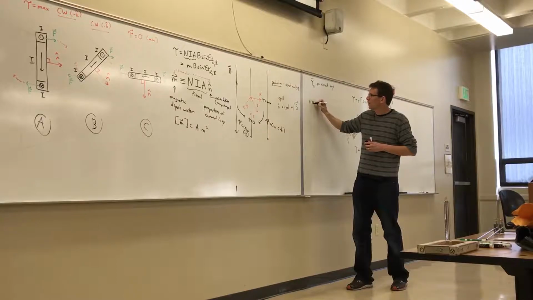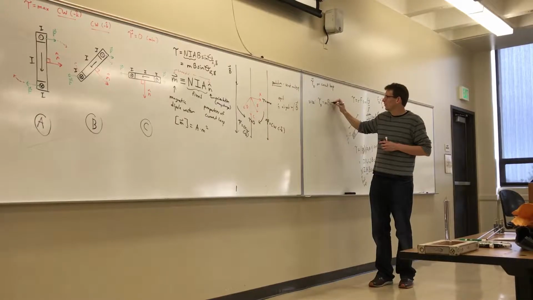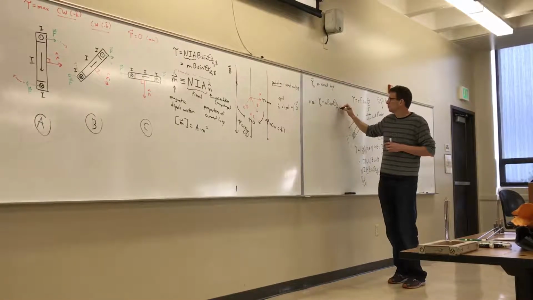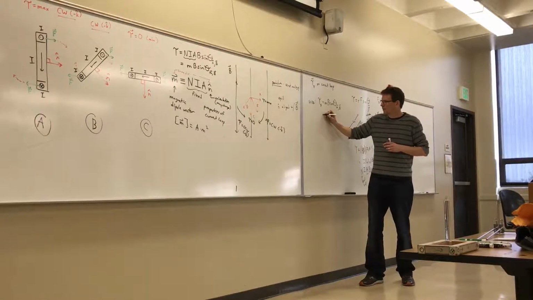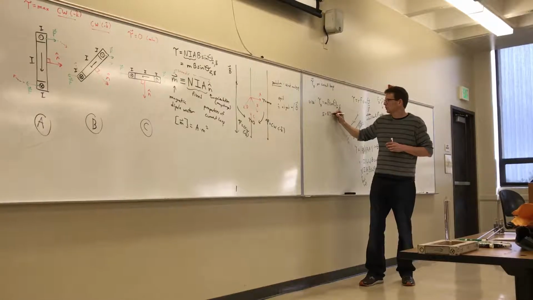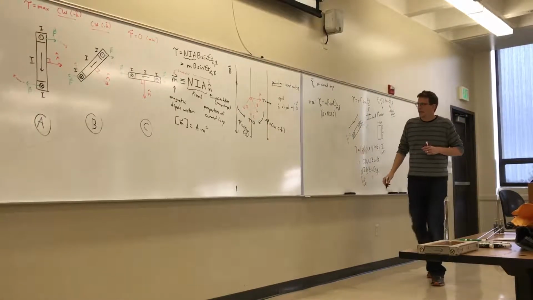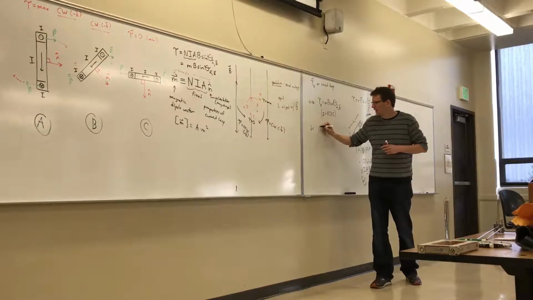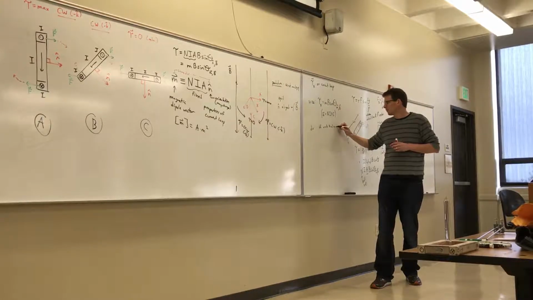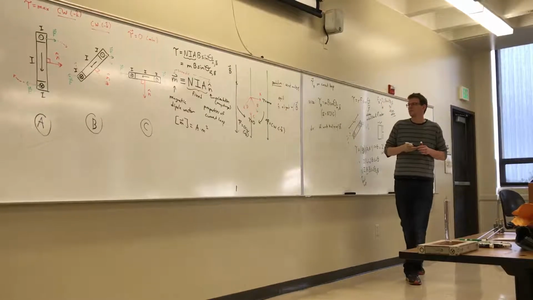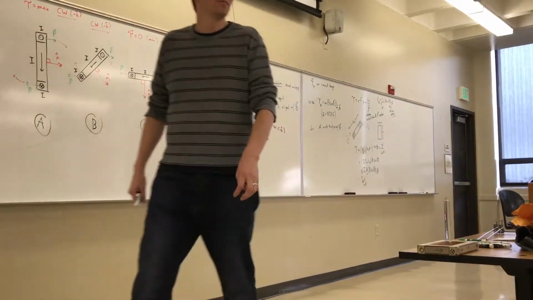The size of this torque is m b sine of theta between them, where, just as a side note, we might want to include what m is, and the direction is such that m wants to align with b. That's it.